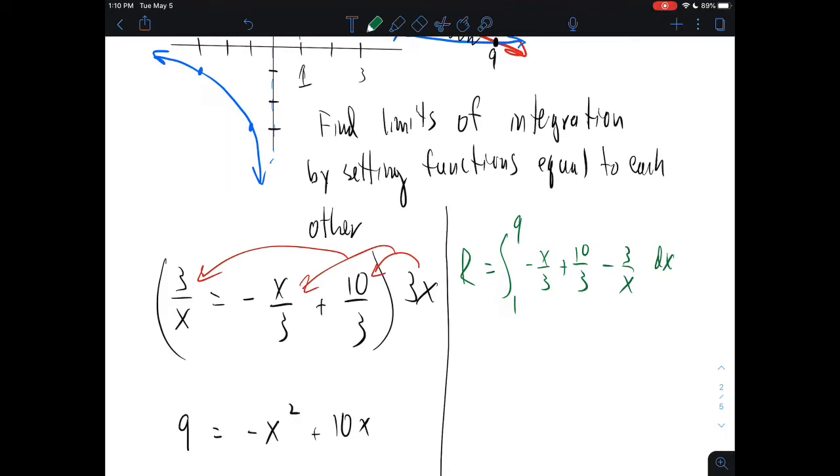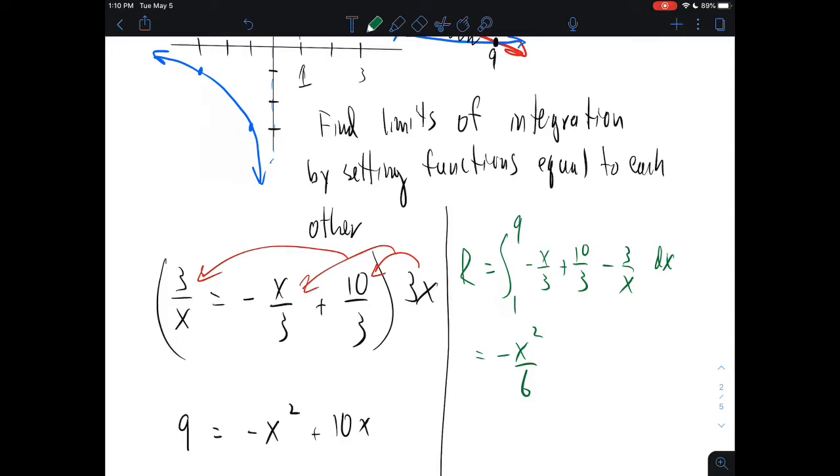So now, integrating using antiderivatives, negative x over 3, remember that's negative 1/3 times x. So then I would raise x's power from 1 to 2, and then divide by 2. This is going to leave me with negative x squared over 6.